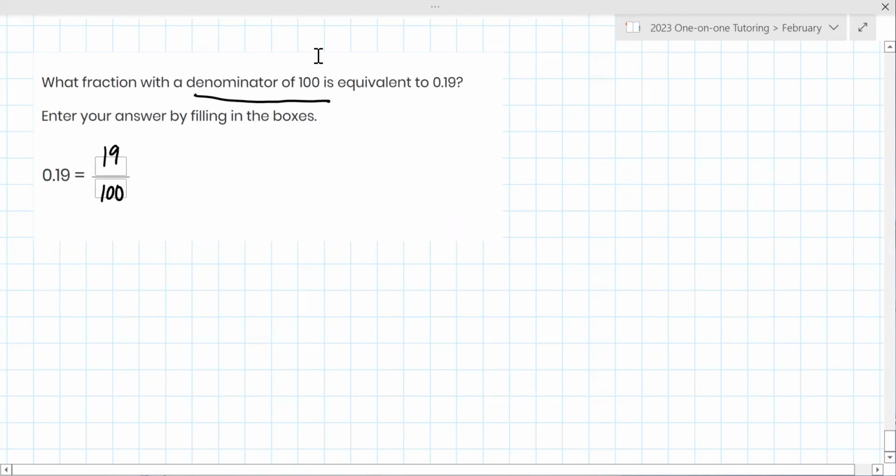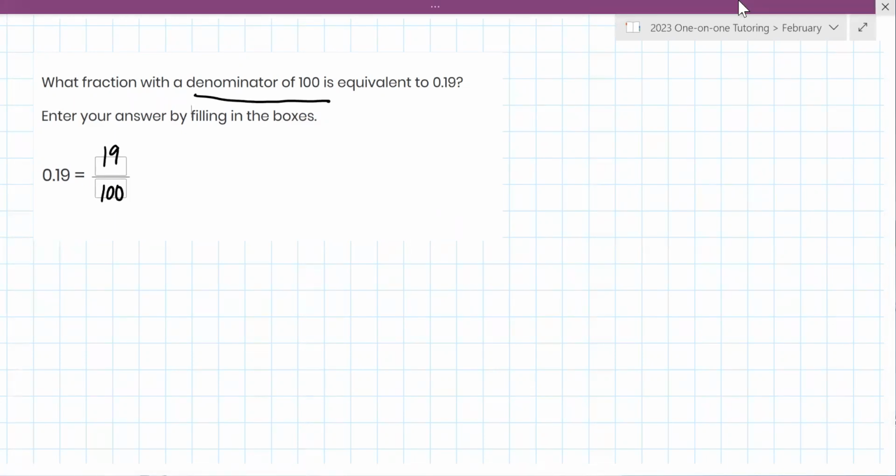Okay. So do I divide it? No, that's it for that one.